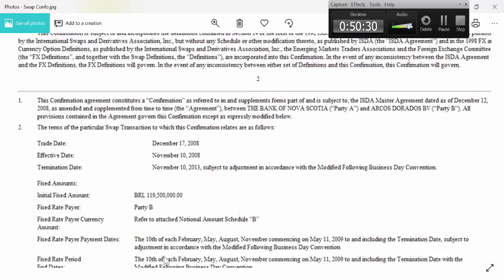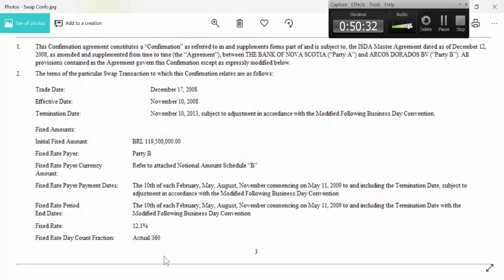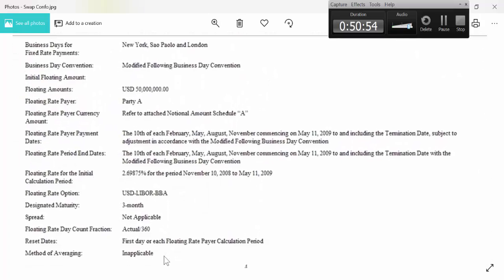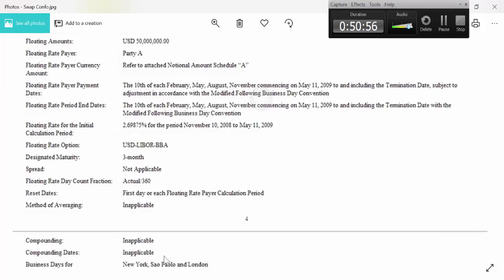And this is a real trade between the Bank of Nova Scotia and a company called Arcos Dorados BV. And it is actually a cross-currency interest rate swap. Don't worry about that. Between Brazilian real and US dollars. So 119 million Brazilian real and 50 million US dollars. Here, 50 million.